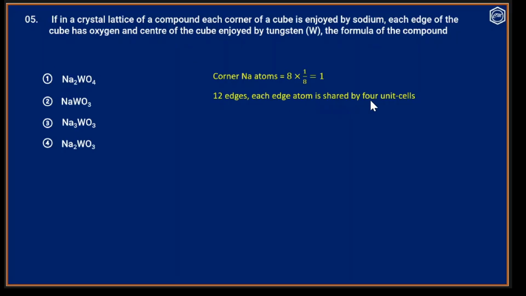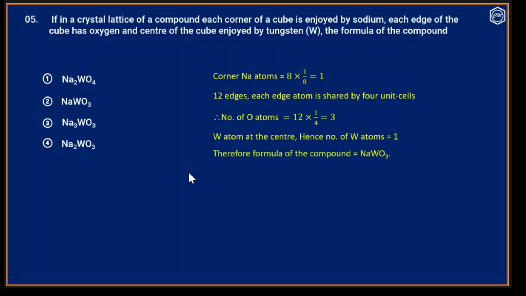Each edge atom is shared by 4 unit cells. So the number of oxygen atoms will be 12 into 1 by 4 is equal to 3. Now the tungsten atom at the center. Hence the number of tungsten atoms will be 1. Therefore the formula of the compound should be NaWO3. So option 2 is the correct answer.